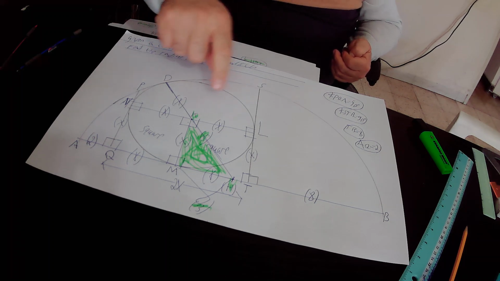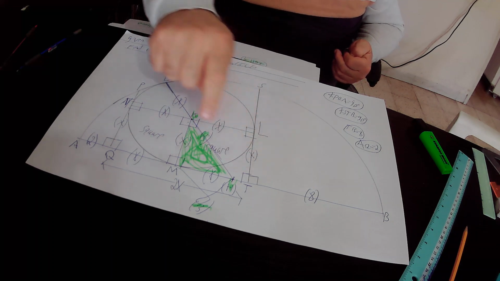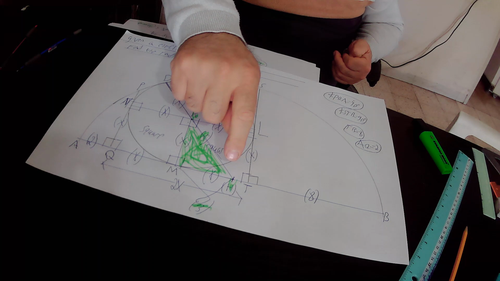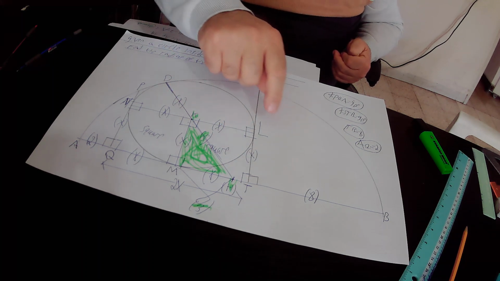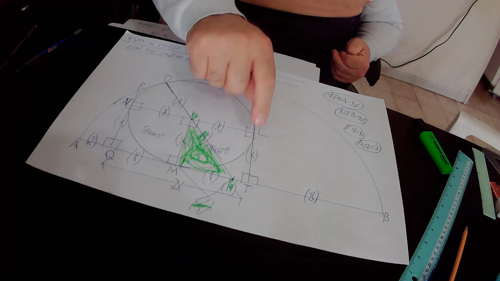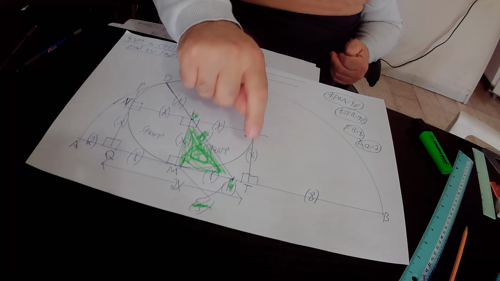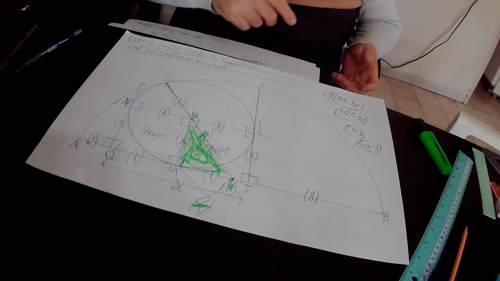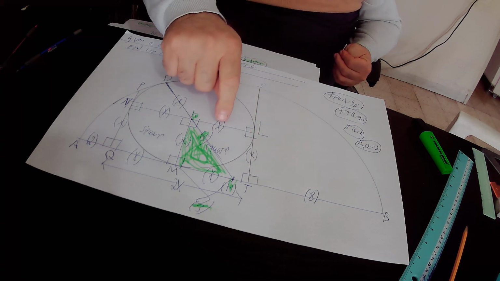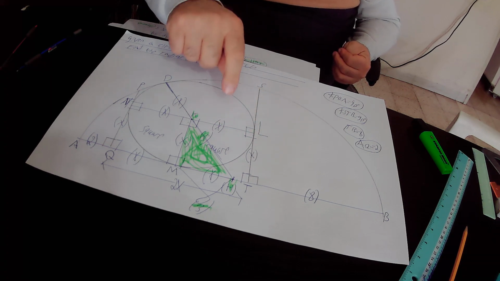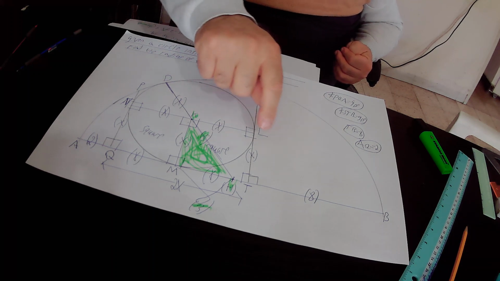In rectangle KLTM, side KL must be equal to the opposite side TM. But KL is x, therefore TM must also be equal to x. Likewise, according to the same rule, side LT must be equal to the opposite side KM. But KM is x, therefore LT must also be equal to x. So we found out that quadrangle KLTM is not just a rectangle but a square, because all of its sides are equal to each other. Each side equals x. So quadrangle KLTM is a square.